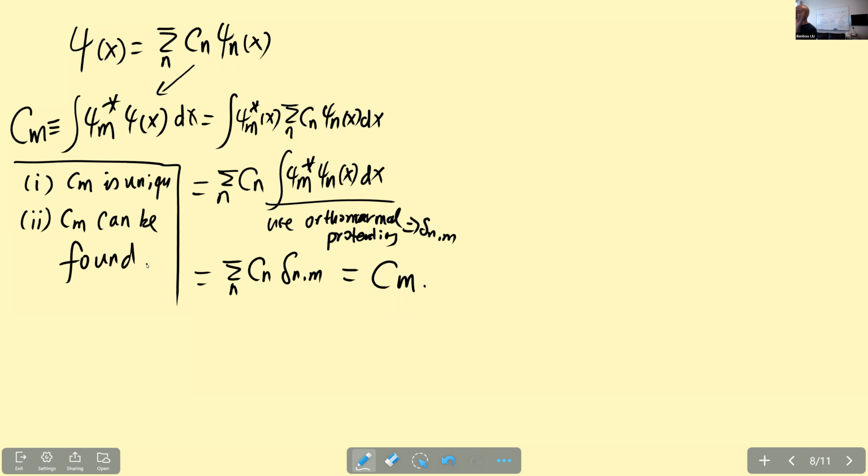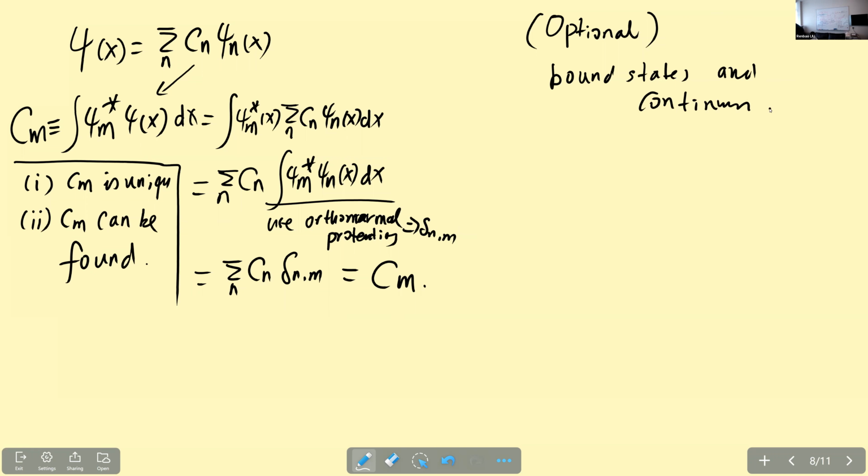To make the story complete, and this is not required, it's optional, consider both bound states and continuous states. You can have states ψ_m and states ψ_k, where m is discrete and k is continuum.